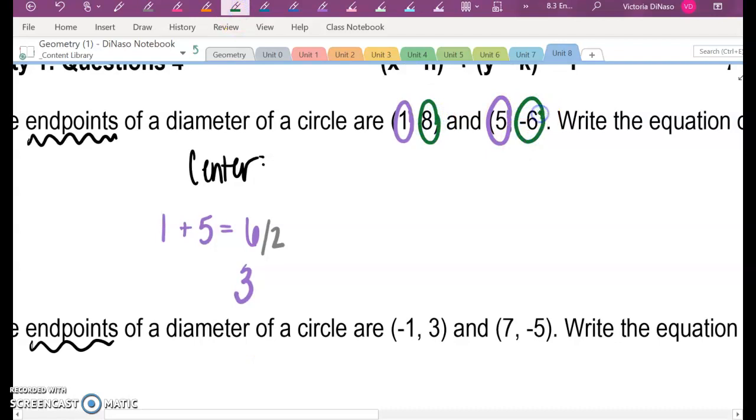So we've got 8 and negative 6. So we've got 8 plus negative 6, which equals 2. And then I'm going to take half of it, and I get the number 1. So there's my center. Right. So my center is at 3, 1. Yeah, you're right.